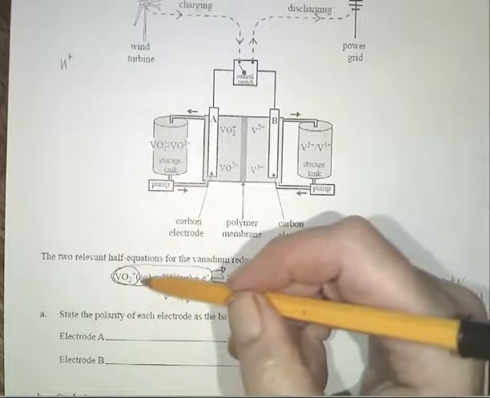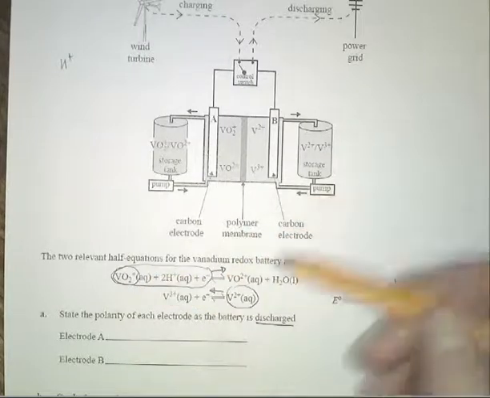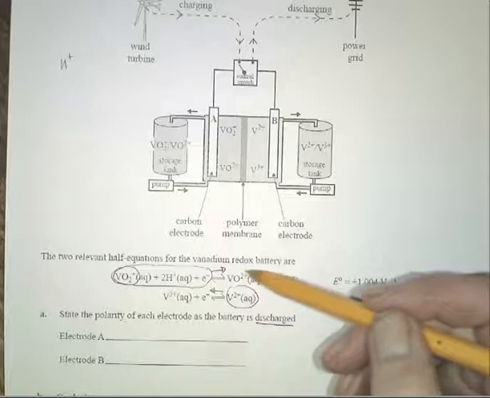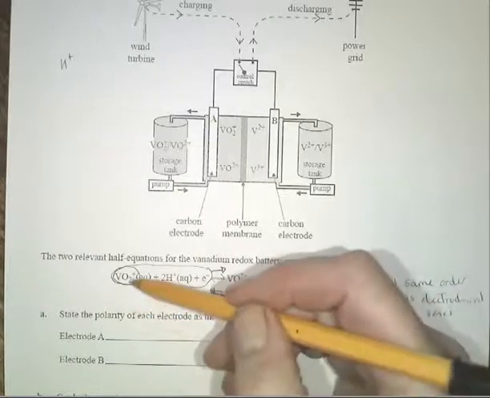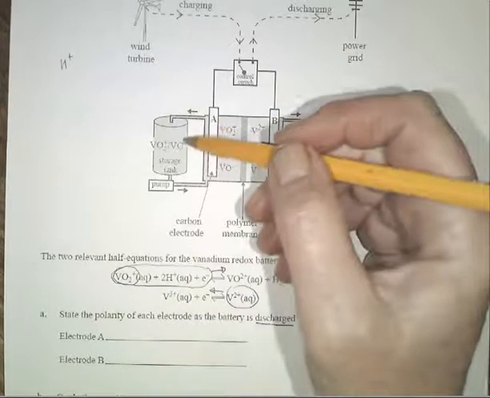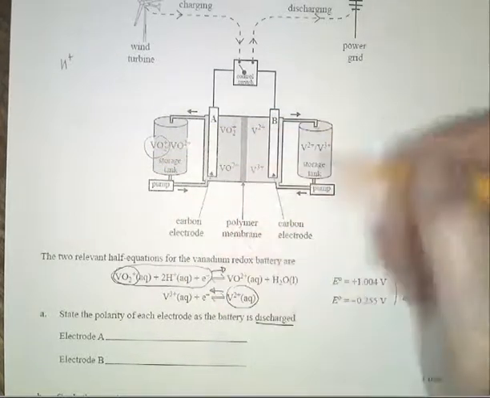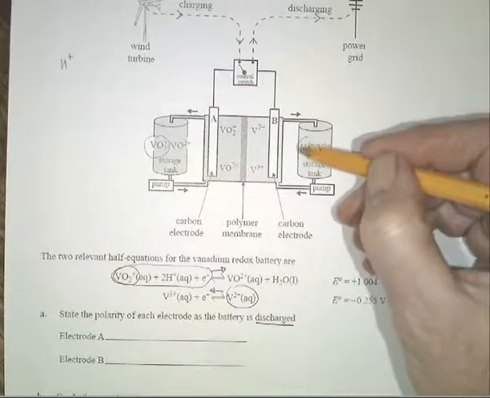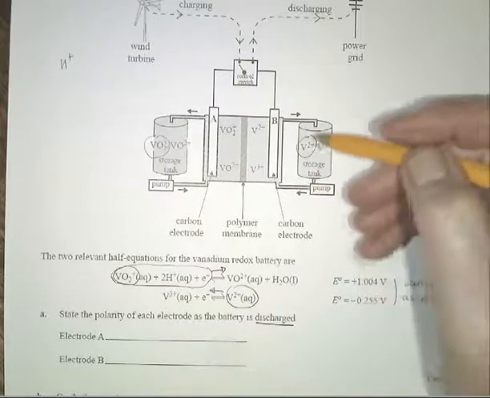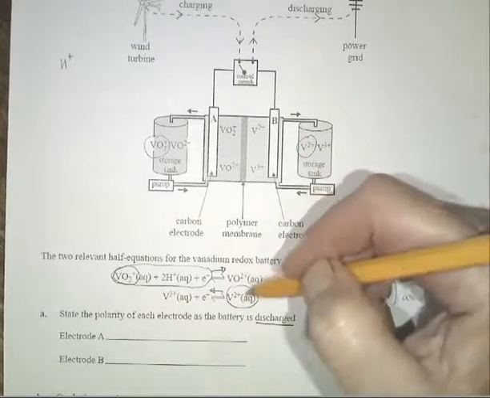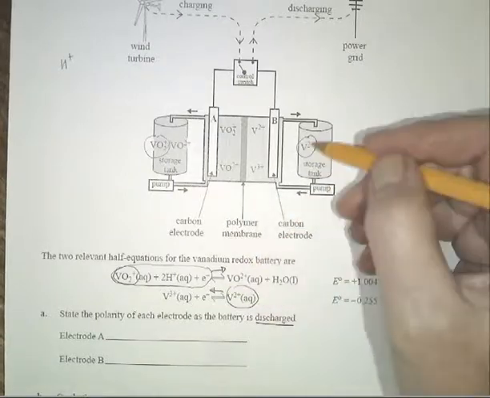So we've got the VO2. Be careful, there's VO2 plus, and there's VO2 plus. So this chemical is getting the electrons, and the VO2 plus is losing them. V2 plus is undergoing oxidation, it's losing them.